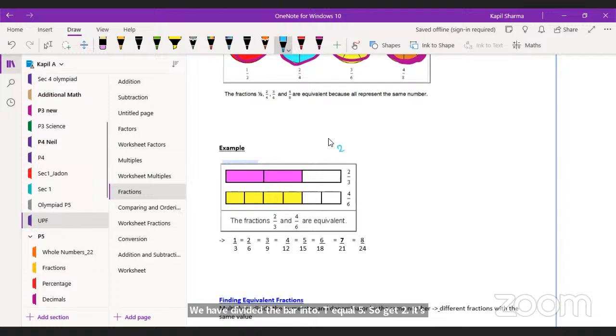So the fraction is 2 out of 3, or 2 over 3. In the second case, the bar is divided into 6 equal parts and 4 parts have been shaded. But if you look at this carefully, we have shaded the same part. So although it's 4 out of 6, it is actually the same as 2 out of 3. So these two are also equivalent fractions.